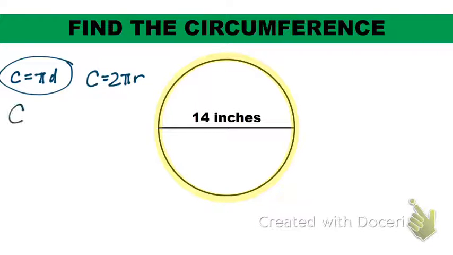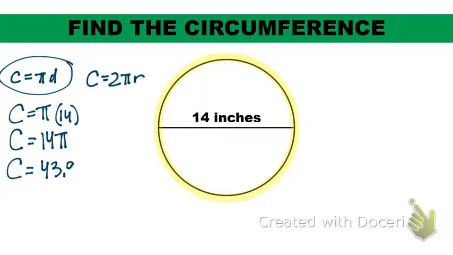So we know the circumference is pi times the diameter, which in this problem is 14 inches. So the circumference is going to be 14 pi, and that's what you want to have on your calculator screen right now. Then you hit the SD button, and it tells you that the circumference is 43.98229715.